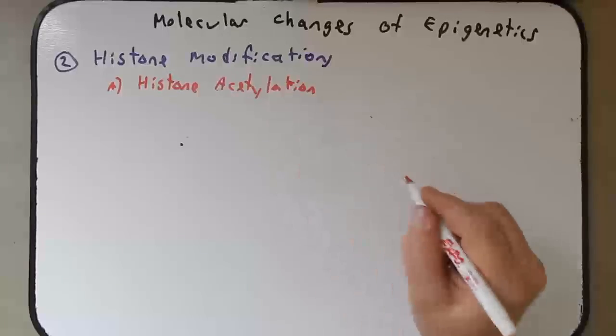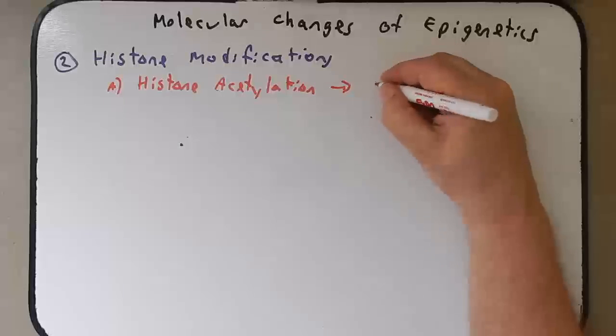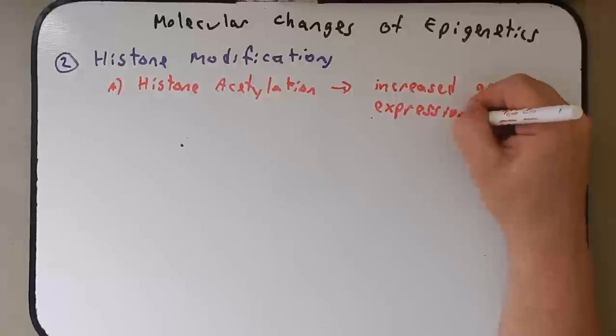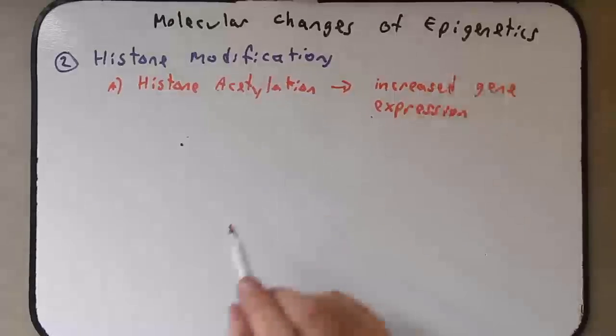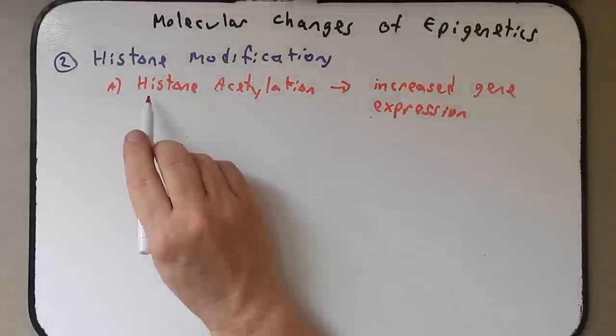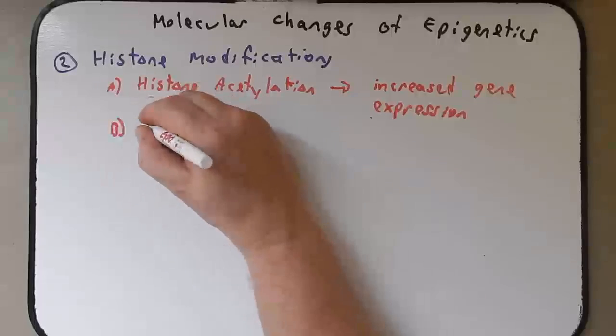And remember, we said when a histone is acetylated, it removes it from the DNA, and so this leads to increased gene expression. When we talked about this before, I didn't talk about it in terms of epigenetics because we had not yet defined epigenetics. But when a histone is acetylated, it will often remain acetylated for several generations and will cause this increase in gene expression. Another modification of the histones is methylation.